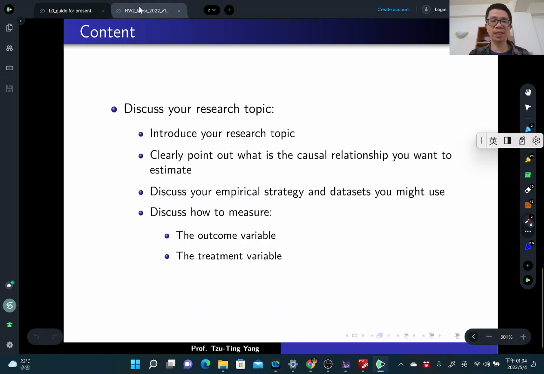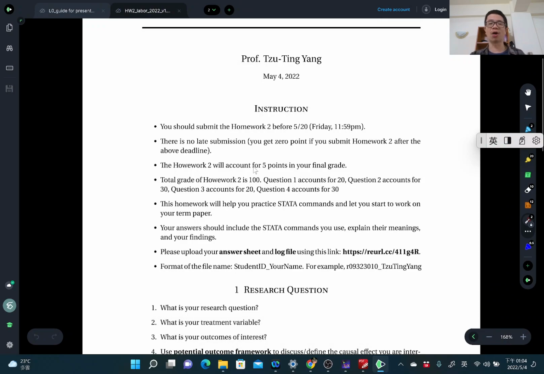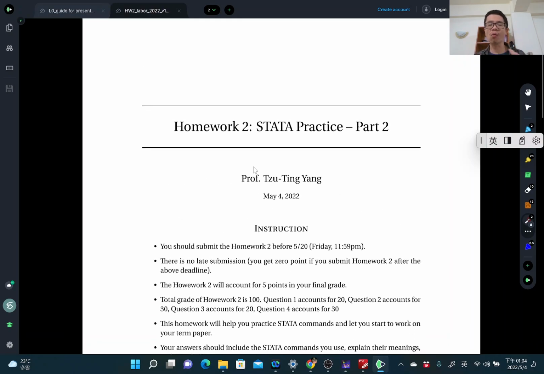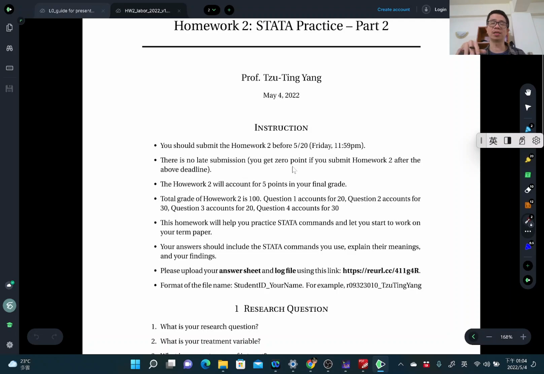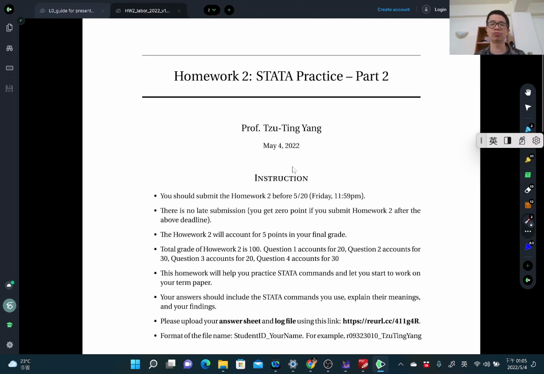The second thing I would like to discuss is the homework. I mentioned the homework 2 or 3 weeks ago in the in-person class. But here I would like to give you more time to finish your term homework 2, because this homework 2 is also related to your term paper.